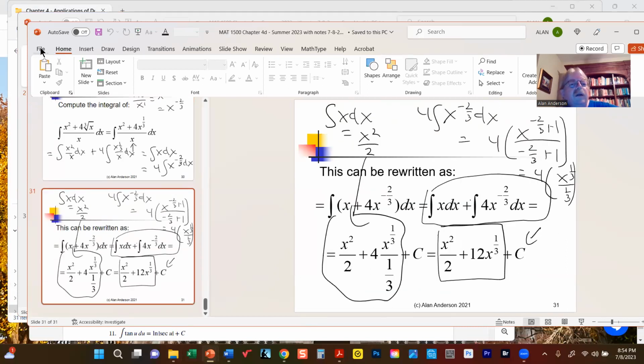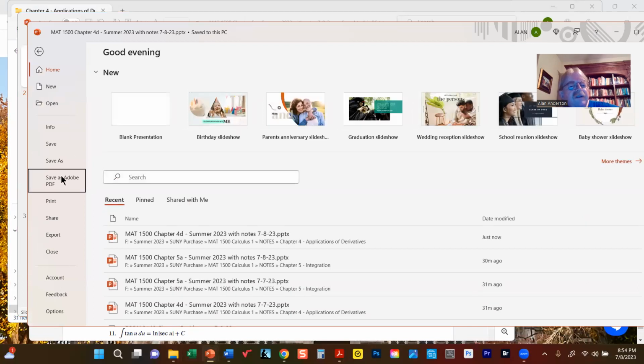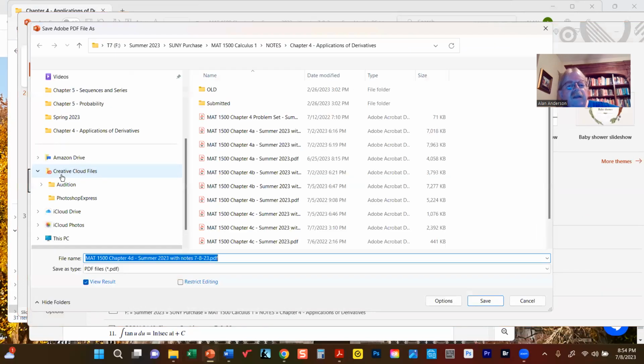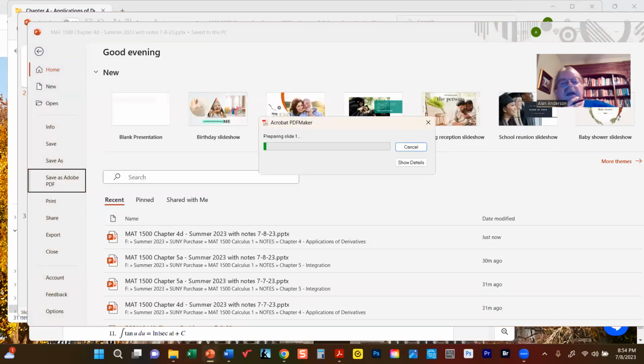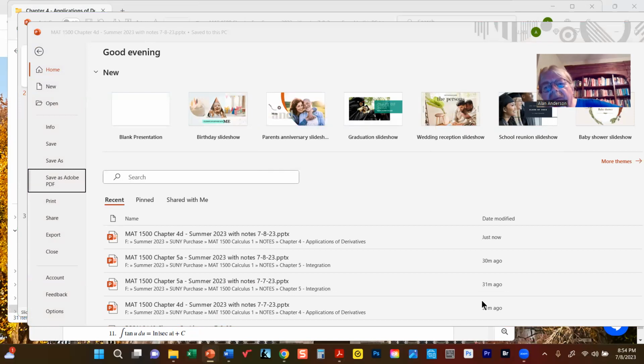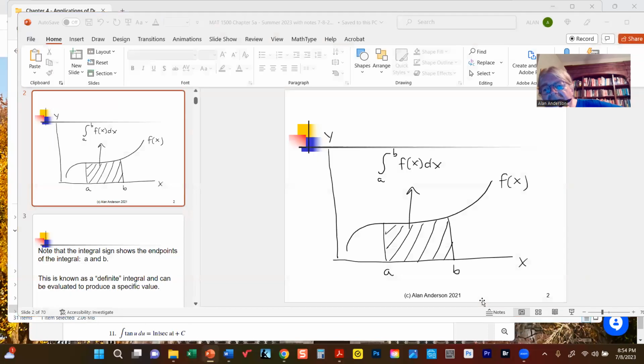Okay, we're good. What I was trying to do is save these as both PowerPoint and PDF, because if you are using a Mac, there's a very real chance that some of what I'm writing on these slides will not translate onto the Mac. So at least with the PDF, it's guaranteed that you'll be able to see what I'm doing. If you're using a PC, it shouldn't be a problem.